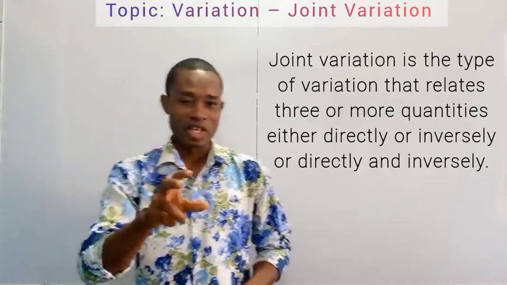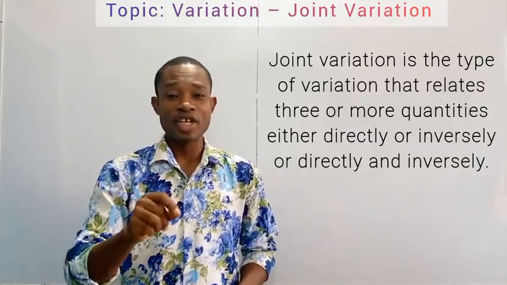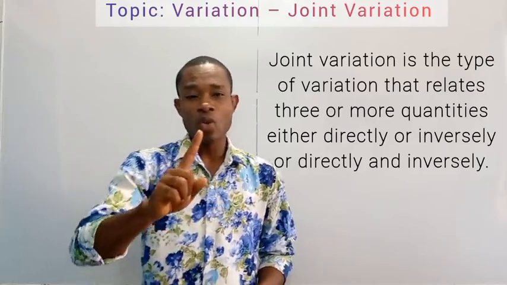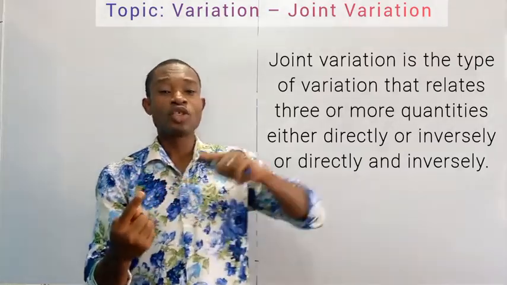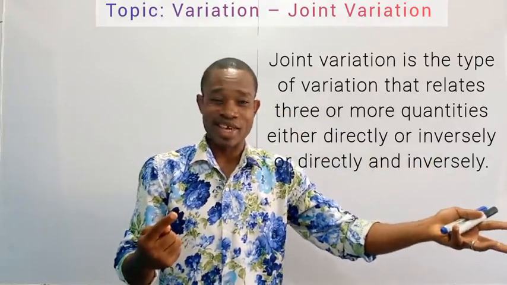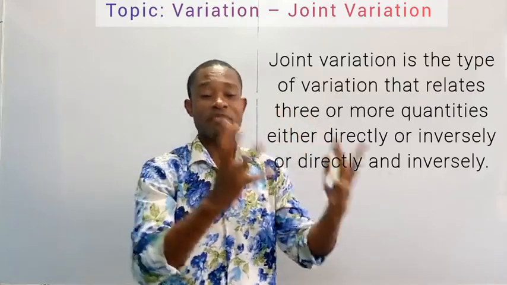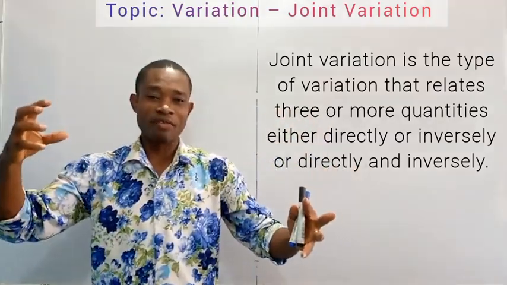But there is something I want you to take note of here. Remember that I said that this variation relates three quantities. So we pick one of the quantities, and then we relate that one quantity to two other quantities, or even more than two quantities, as the case might be. Do you take that? Now let us assume that we have three quantities. Pick one of them.